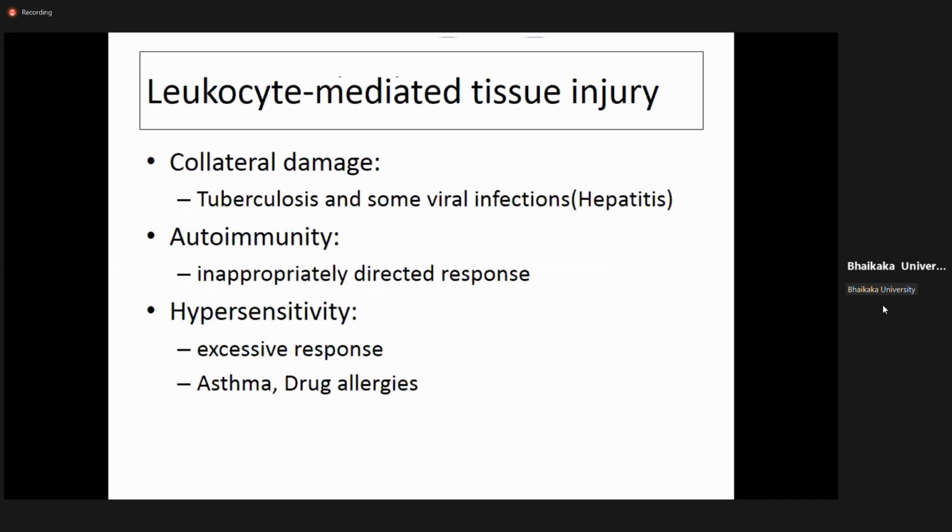So the main role of inflammation, as we have seen, is the removal of the offending microorganism, either bacterial, viral, parasitic, or fungal, as well as the removal of damaged tissue. If the cause of inflammation is tissue injury, there is some damaged tissue in some part of the body. This has to be removed, and leukocytes play that role.